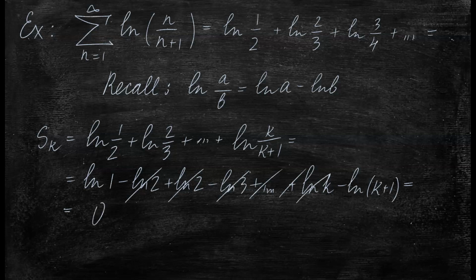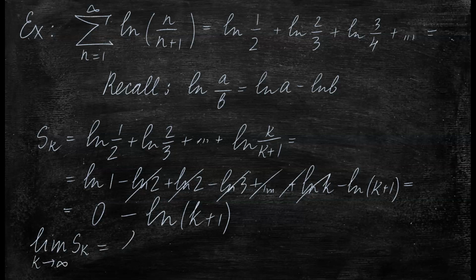Ln of 1 is equal to 0, but we still have the term ln of k plus 1 left over there. So when we find the limit of this partial sum as k goes to infinity, we're going to end up with the limit of negative ln of k plus 1, but we do know that as k goes to infinity, ln of infinity is also infinity.